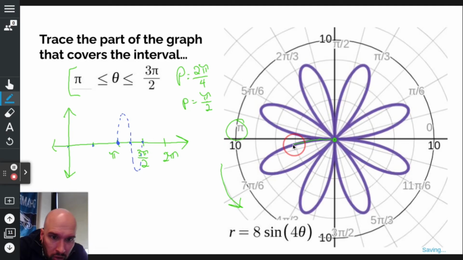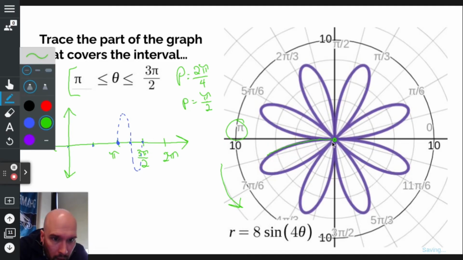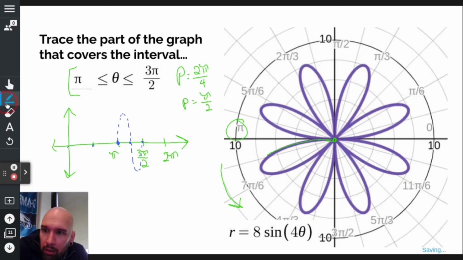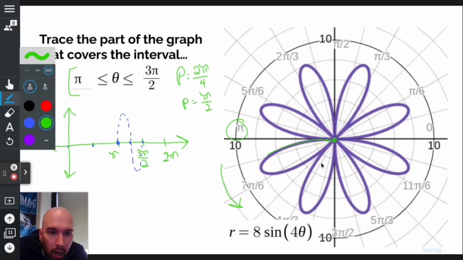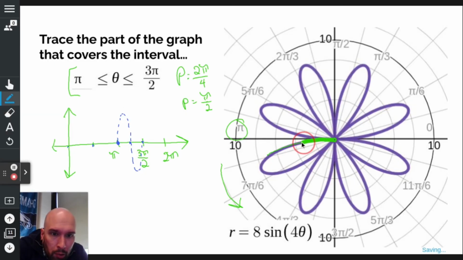I go out to 8, right? And then I hit 0. Now on the picture, here I am. As I continue, now I'm in negative territory, which means not here, but instead here. And that is me tracing.